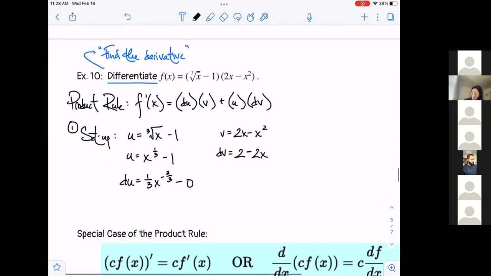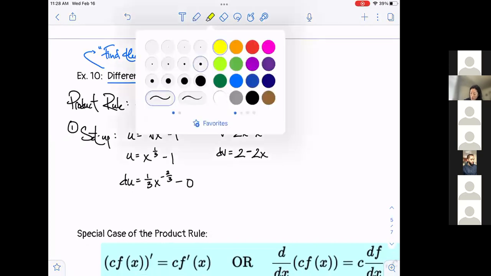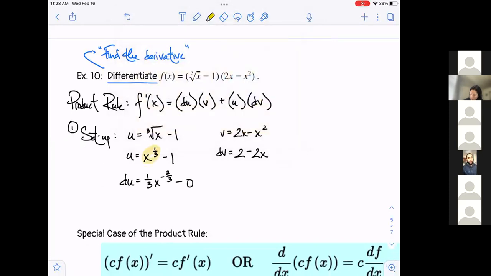Okay. I want to pause here for a moment and make sure we all see what just happened. So we took the derivative of x to the 1/3 and we got this part.